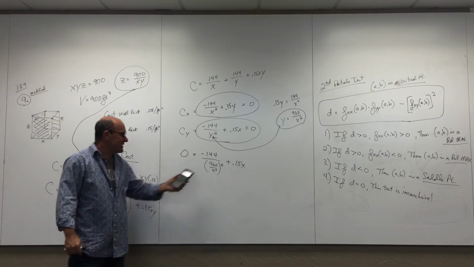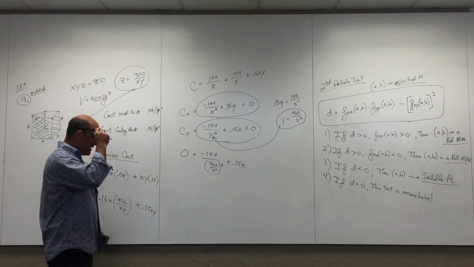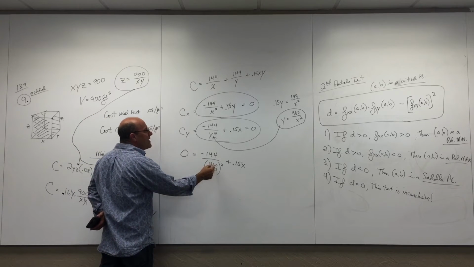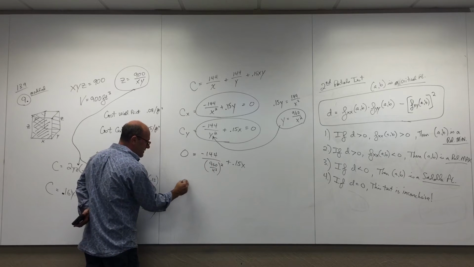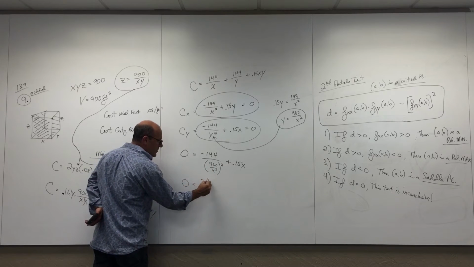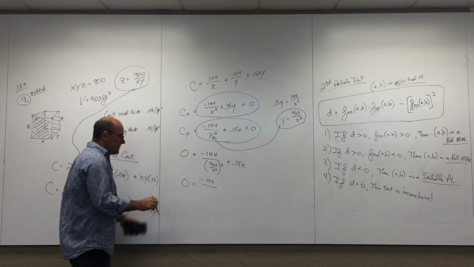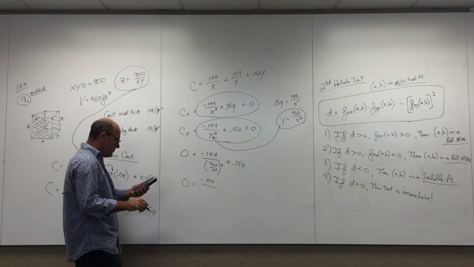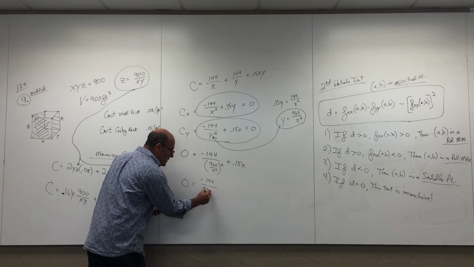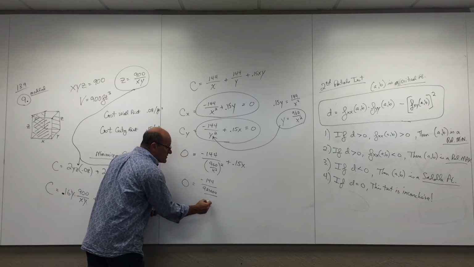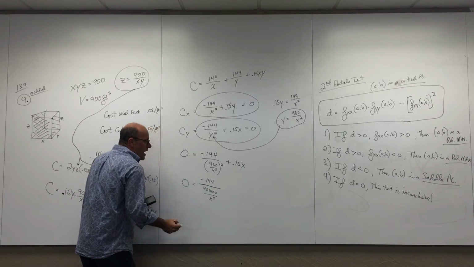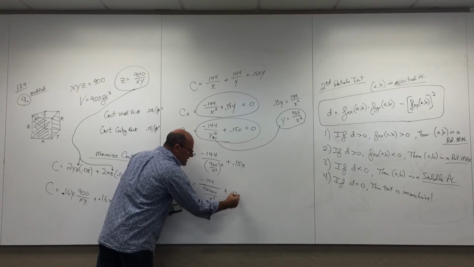Maybe I can solve for x, or maybe I can't. 960 squared is 921,600, so that's negative 144 over 921,600 over x to the 4th, plus this 0.15x.